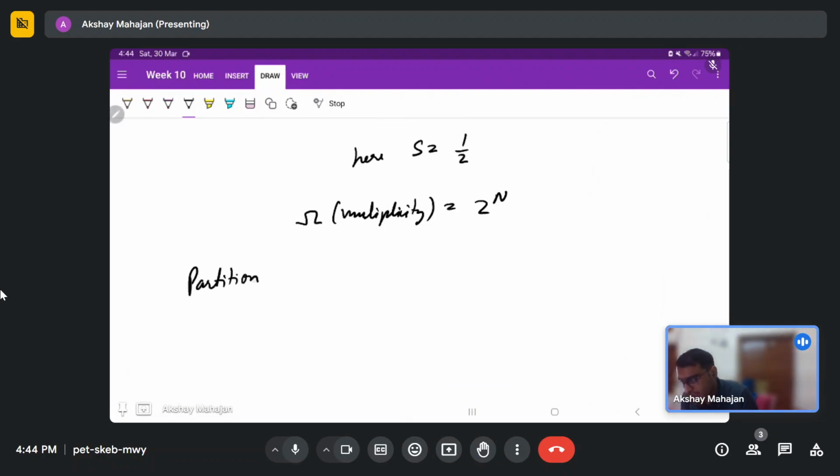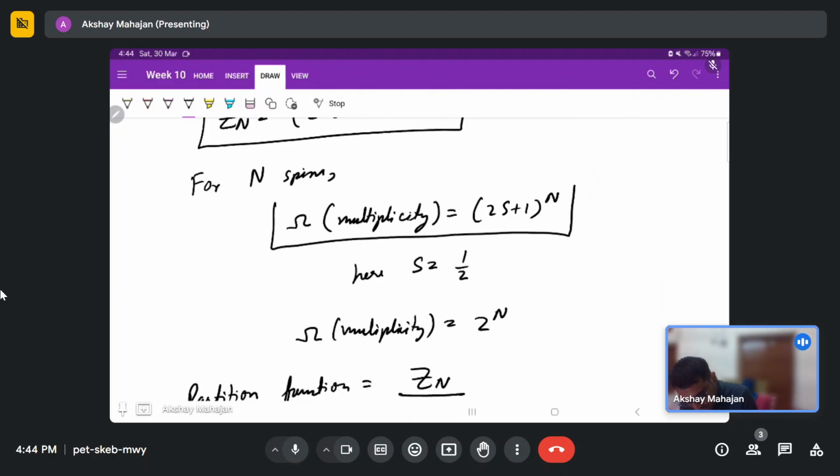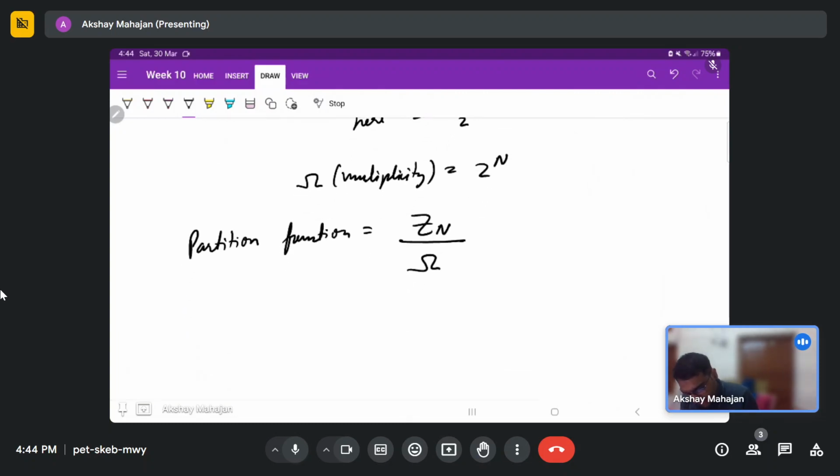So the net partition function for this system will be equal to whatever is for the n particles divided by the multiplicity. This is the formula that you can use. In statistics, when we have this kind of problem, we have to consider this multiplicity omega.